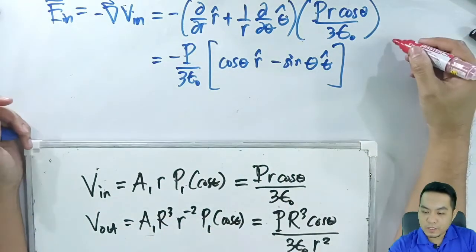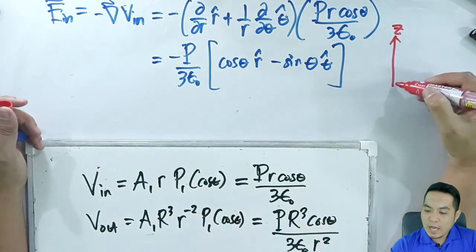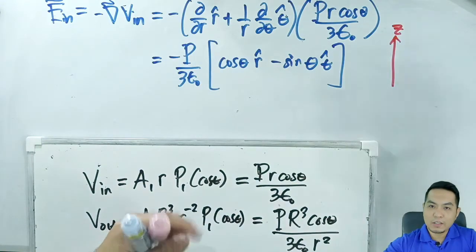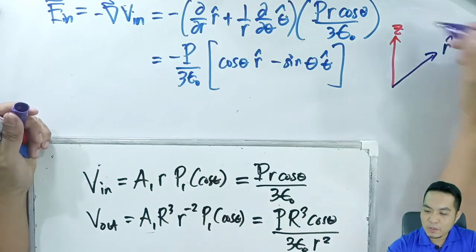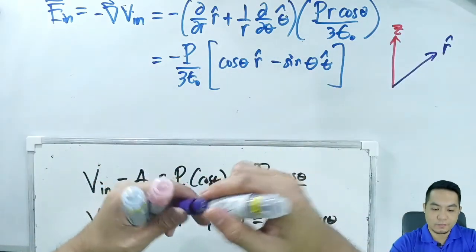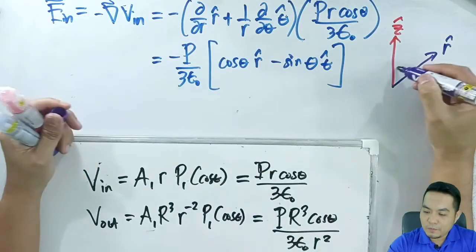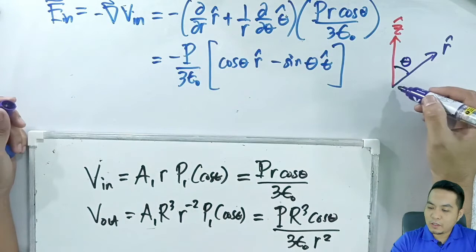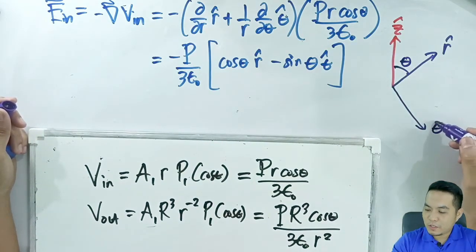If you will notice, if this is the z-axis, this is z hat, and an angle theta from z hat, that's your r hat. And an angle of 90 degrees from r hat, that's your theta hat.